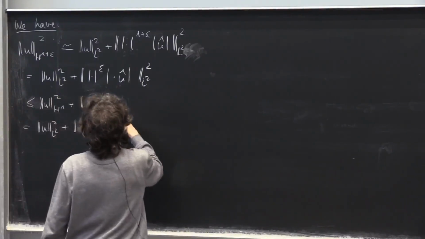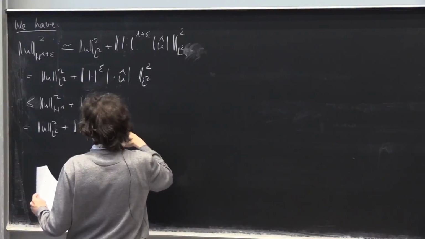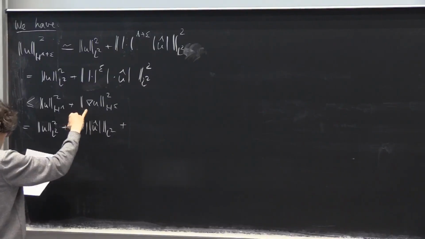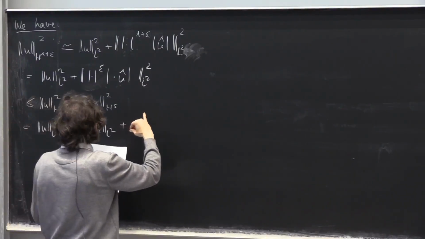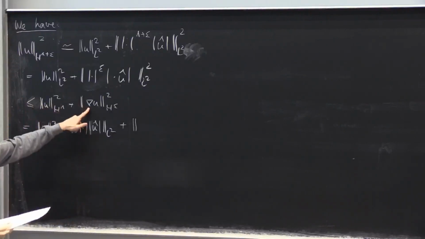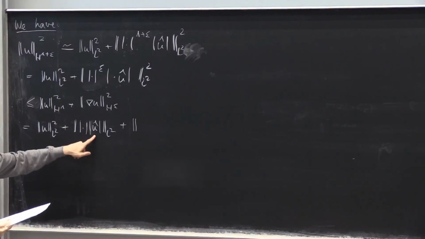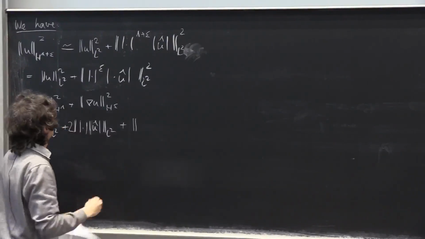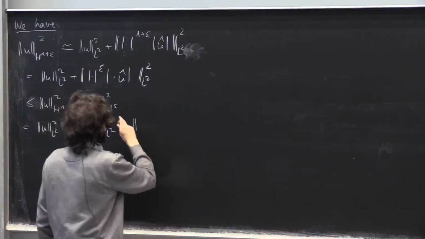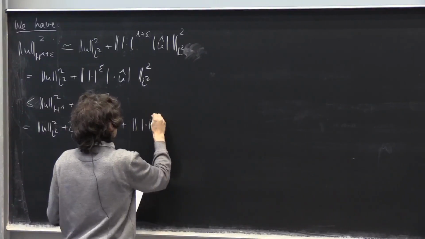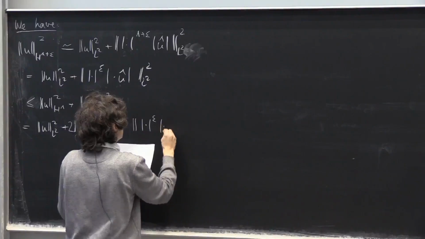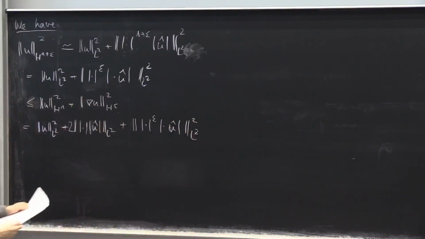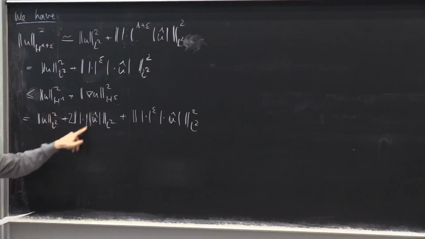And from here there is the L2 norm of the gradient of u. This gives one more of these. The L2 norm of the gradient of u is exactly this one, so I have a 2 here. And then there is the L2 norm of psi to the epsilon gradient of u. So this thing. Okay, so one of these comes from here, one of these comes from here.